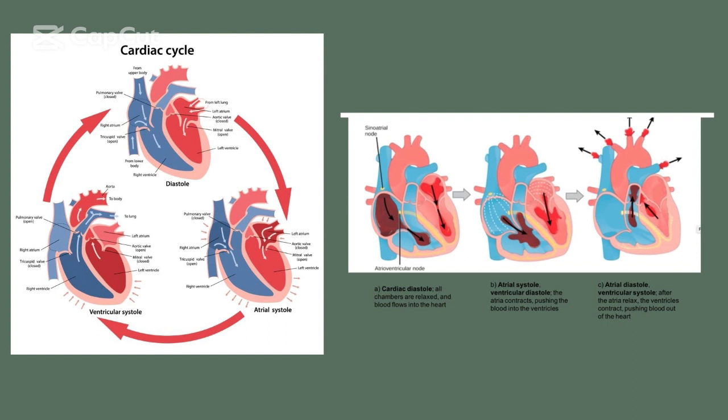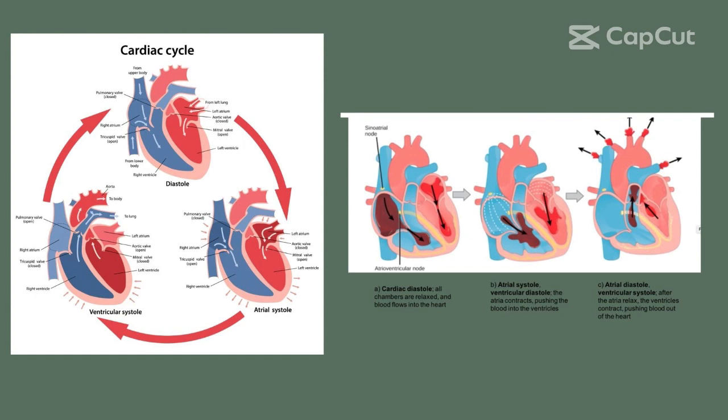So the right and left side of the heart are working in sync. The right atrium and left atrium are going to contract at the same time, and same for the ventricles. So as blood is entering the right atrium, it's also entering the left atrium. As it begins to fill up, pressure in the atria is going to increase.